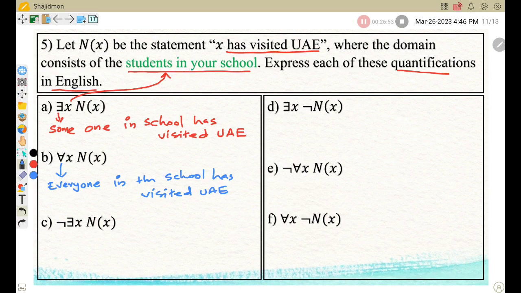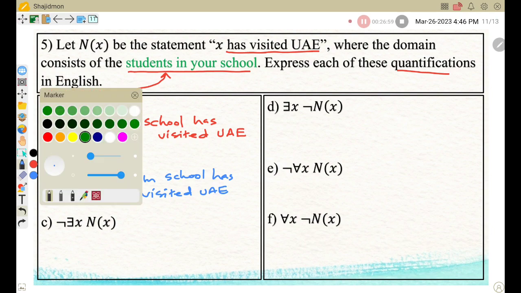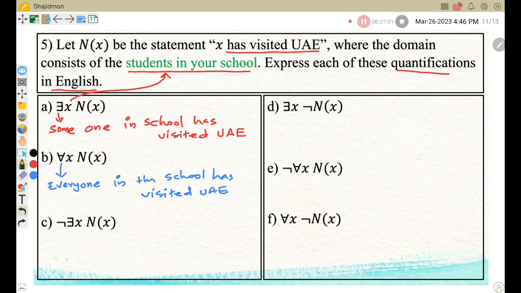Okay. Now the C part of the question: negation of for some x, N(x). When you write this statement, you need to apply the negation to both the for some symbol and N(x). So negation of for some means no one, correct? No one in the school has visited UAE.